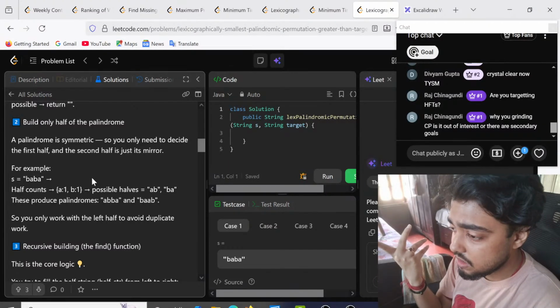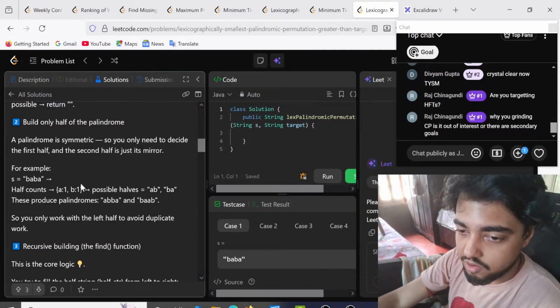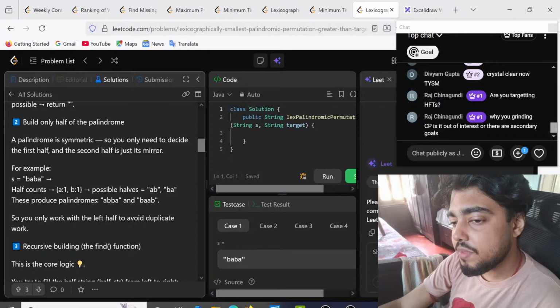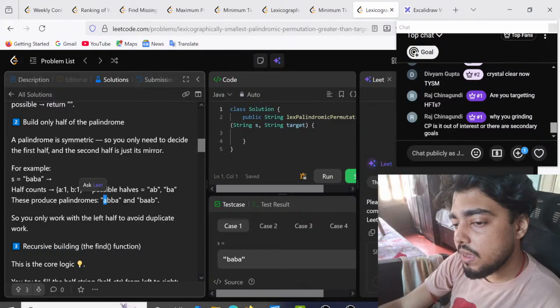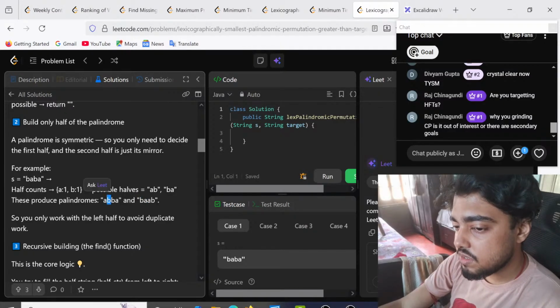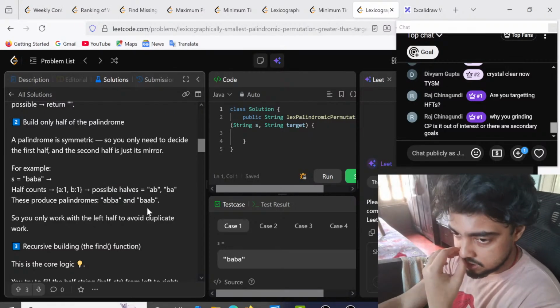That doesn't matter. You just take the half count of it. So A is 1, B is 1. So the halves are AB, BA. Just consider the halves. Don't look at the remaining part, because that is by default the mirror image.